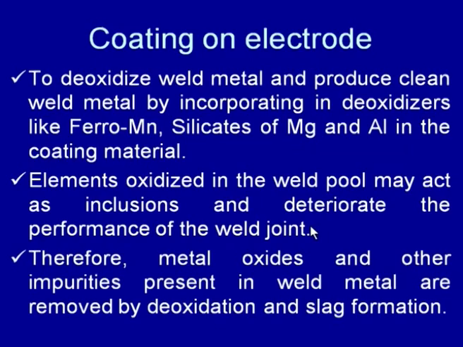These elements oxidize in the weld pool, and if not removed properly, they will act as inclusions, which in turn will deteriorate the mechanical performance of the weld joint, and also decrease the corrosion resistance of the weld joint. Therefore, metal oxides and other impurities formed in the weld metal must be removed by suitable deoxidation, and they will be removed in the form of slag.